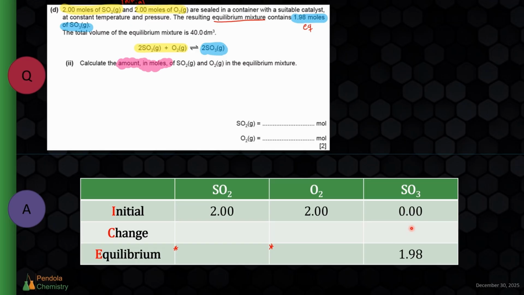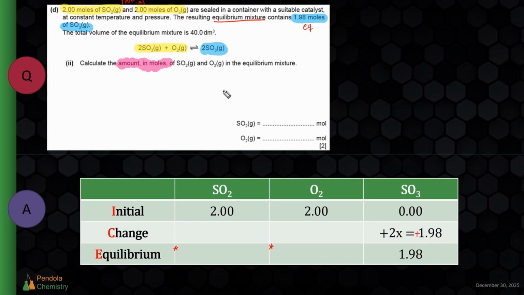We know that from 0 moles of SO3 initially, we ended with 1.98 moles of SO3 at equilibrium, meaning that the SO3 changed by +1.98. We can relate that to an equation.